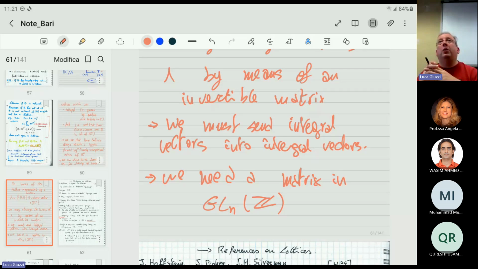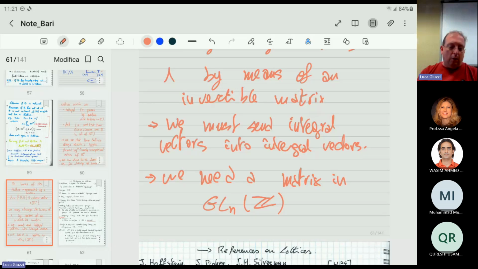Because even if the entries of a matrix are integers, when you compute its inverse, you usually end up with a matrix whose entries are not integers anymore. For instance, if your matrix has determinant 2, and you compute its inverse, then somewhere you will have to divide by 2. So you have a rational matrix, which is fine, but it's not an integral matrix anymore.